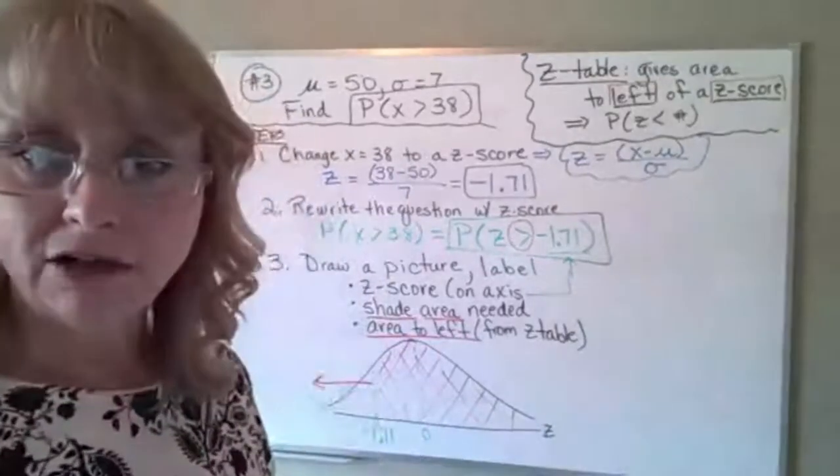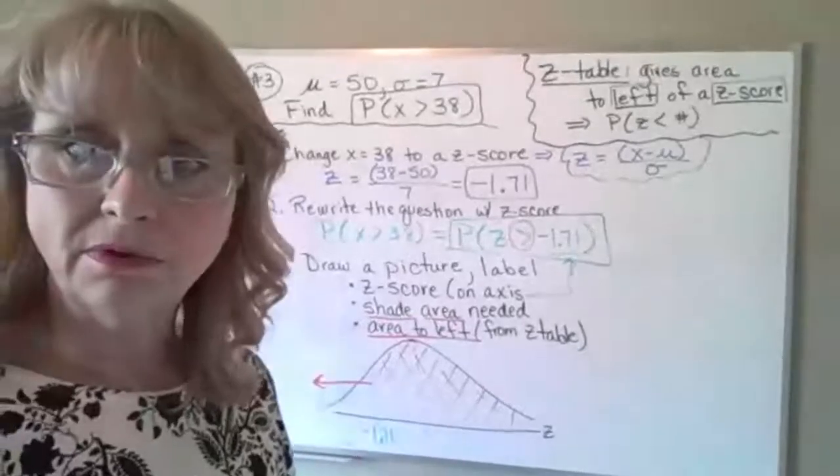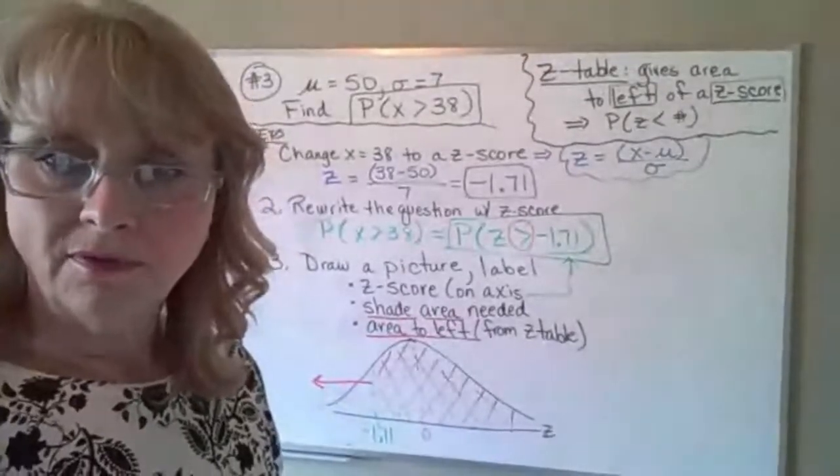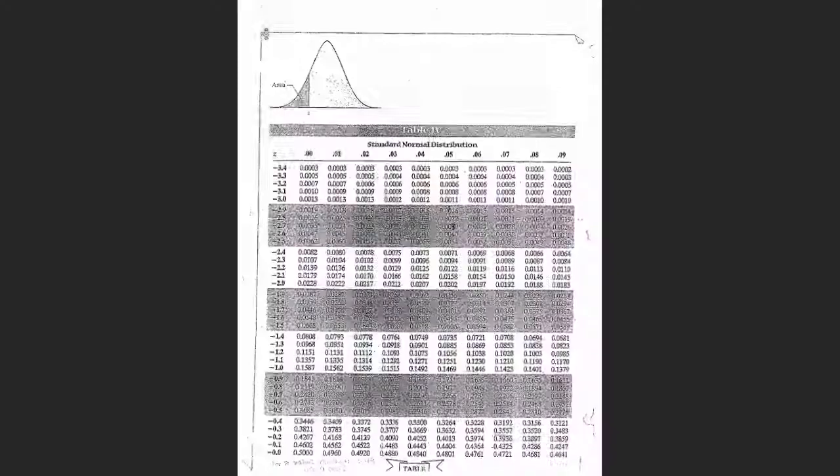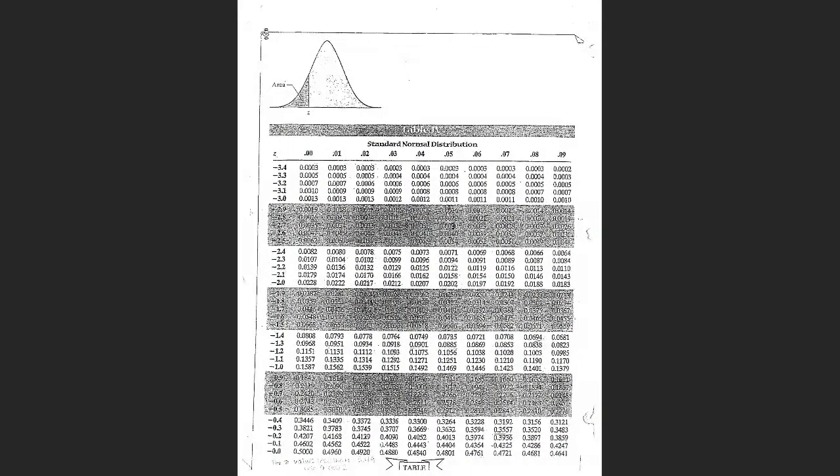So let's go back to our Z table. And we want the negative one again, page 1. And this time I'm looking for negative 1.71.